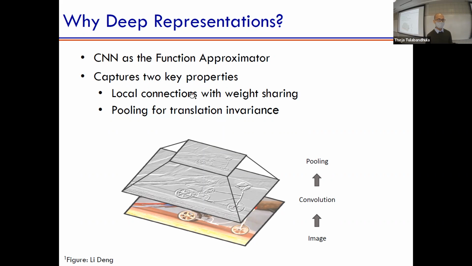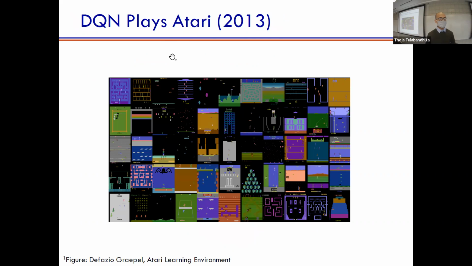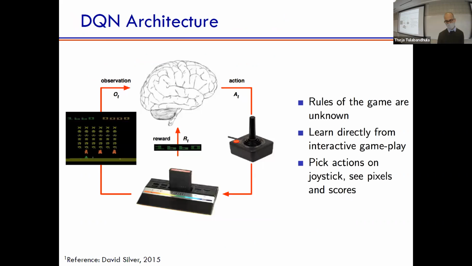so there are some ideas which help CNNs, at least for image data. Now, what we want to focus on is how DQN plays Atari games. The Atari games environment has a suite of about 48 or 50 games. And how does it conform to an RL setting?